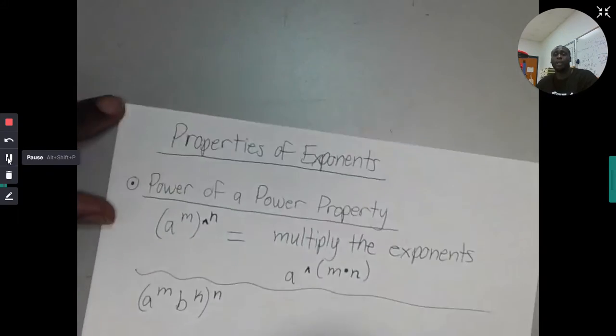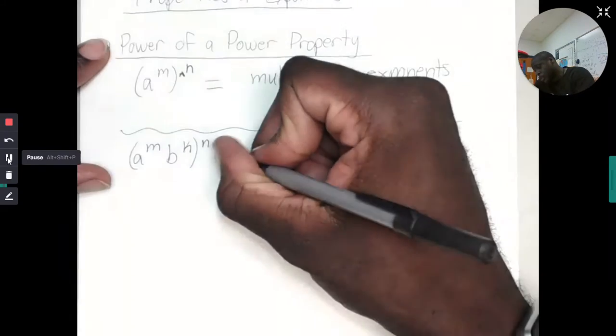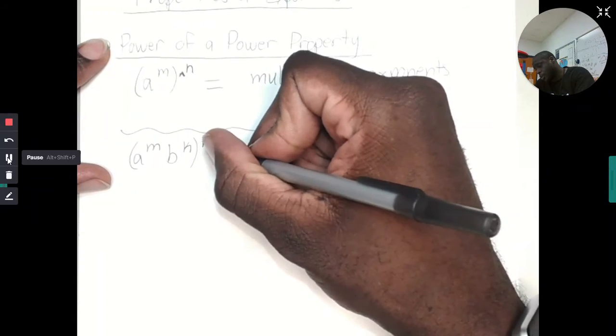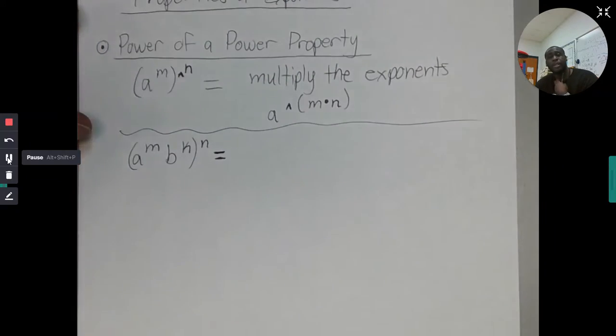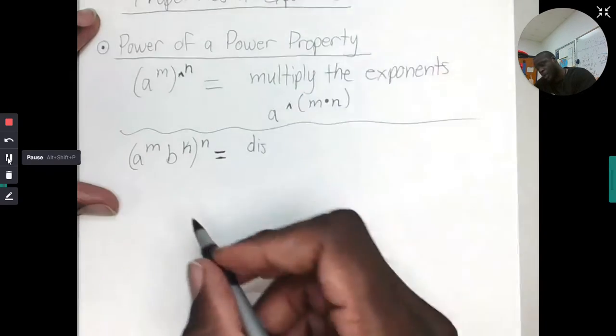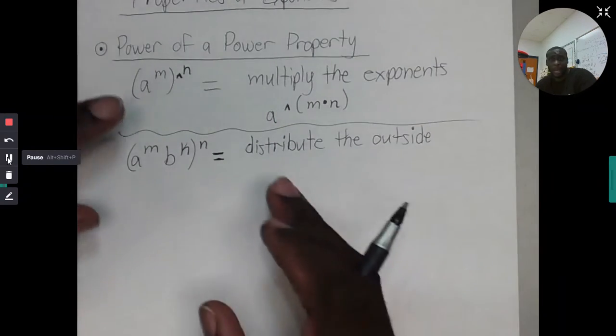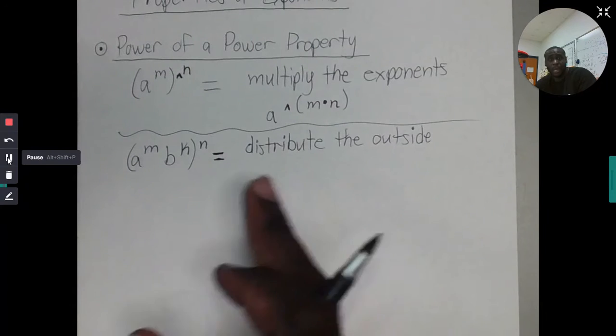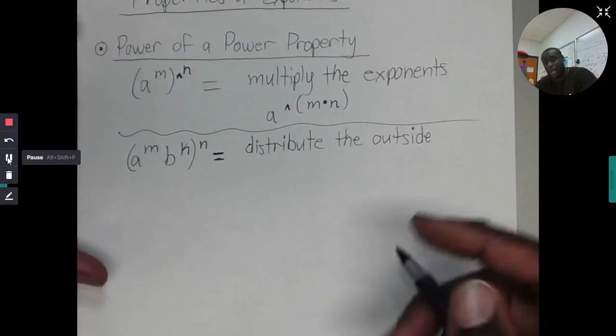What you would do in a case like this is you would still multiply your exponents, but it's almost like you would distribute the outside exponent and multiply it times each exponent on the inside.